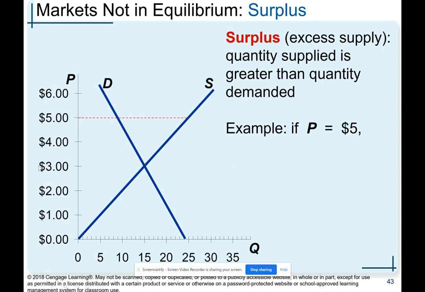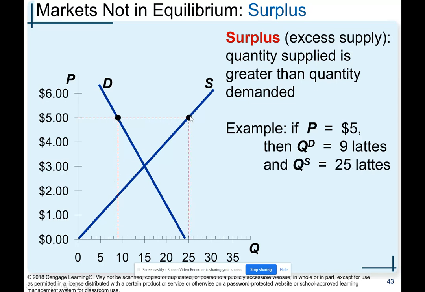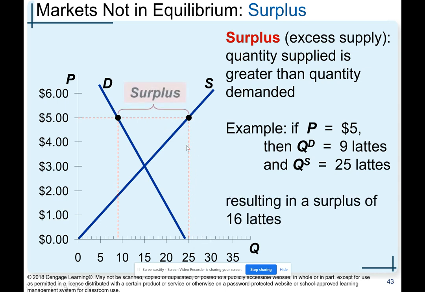For example, if the equilibrium price is $3 and the price is established at $5, quantity demanded, as you can read off the demand curve, is 9 lattes, and quantity supplied, as you can read off the supply curve, is 25. There will be a surplus of 16 in the market.